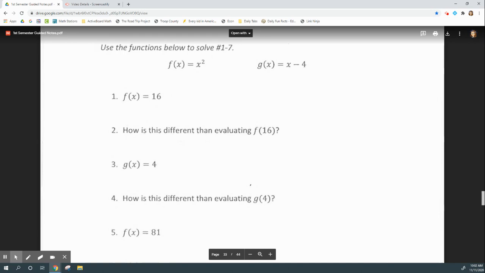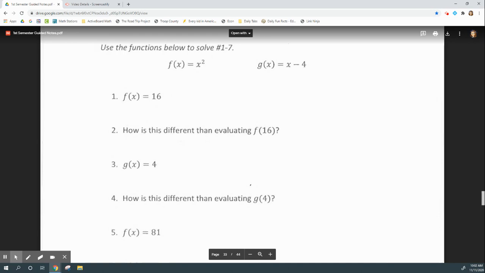To solve for x, right now I'm squaring it. Do you know the opposite of squaring something? Dividing. Square root. Y'all remember taking square roots? So the opposite of squaring something is taking the square root of it.